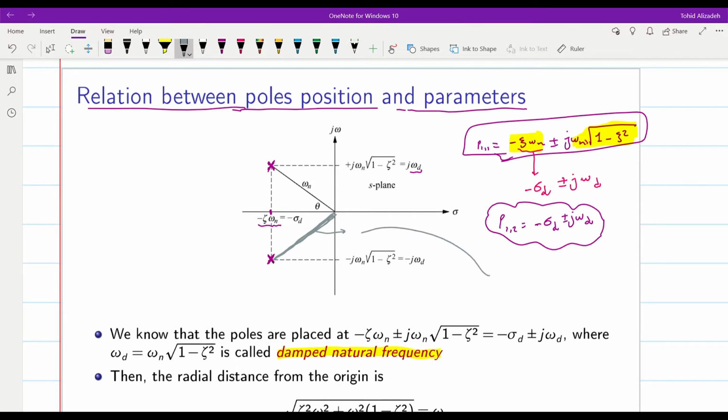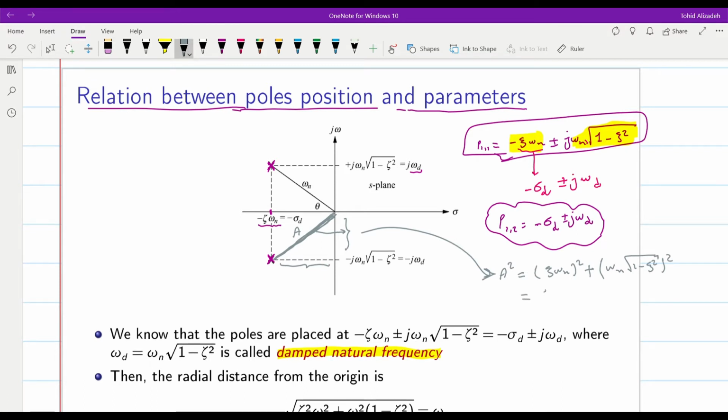We can use the simple rule that we have. If I call it a, a squared will be equal to this distance squared, which is zeta omega n squared, plus this distance squared, which is equal to omega n times the square root of 1 minus zeta squared, squared.